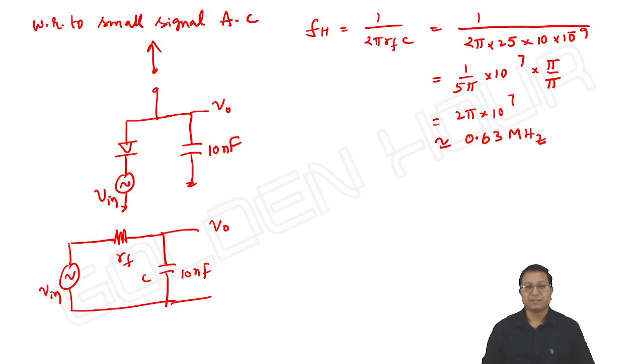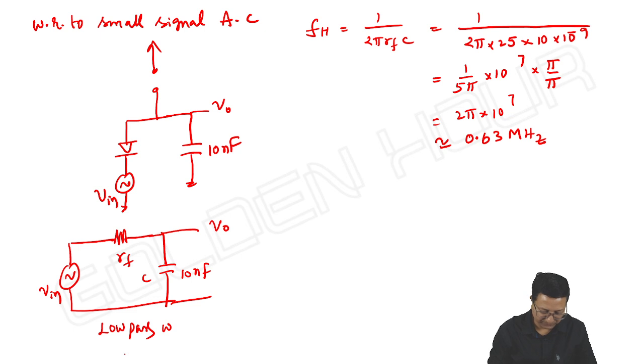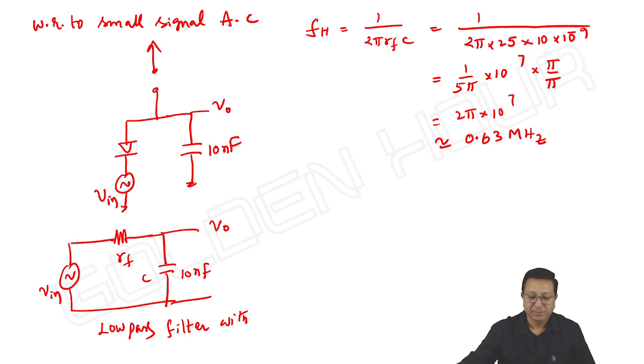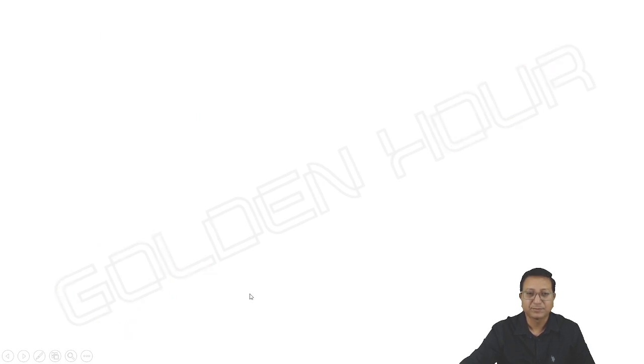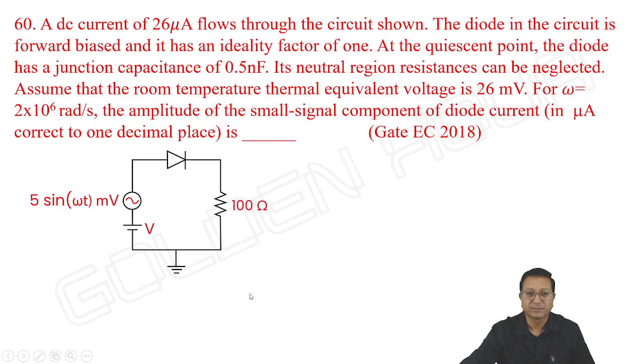Like this we can write. It is looking like low pass filter with FH given by this. Okay. Next.